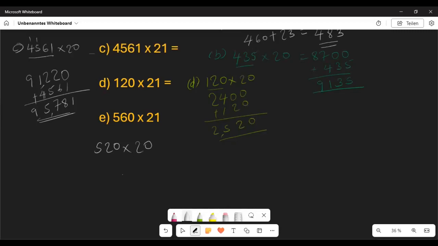It's 104, and then you have 2 zeros. So what we're seeing here is 10,400. And then the next thing you want to do is to add just 520. So then you see here we have 920, and you have 10,920 as well. So that is E.